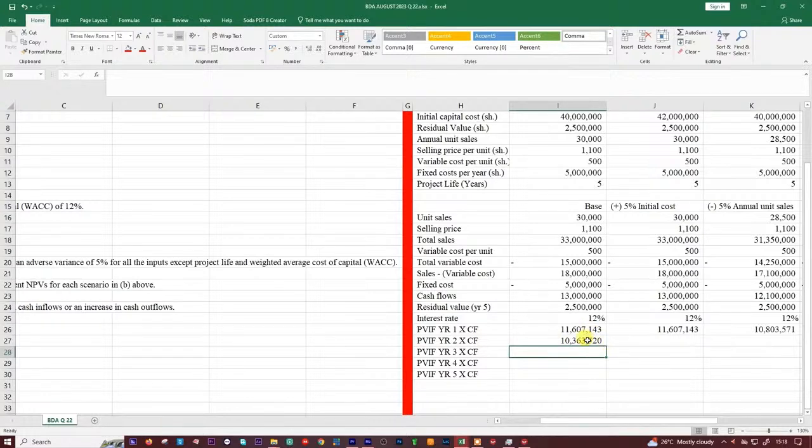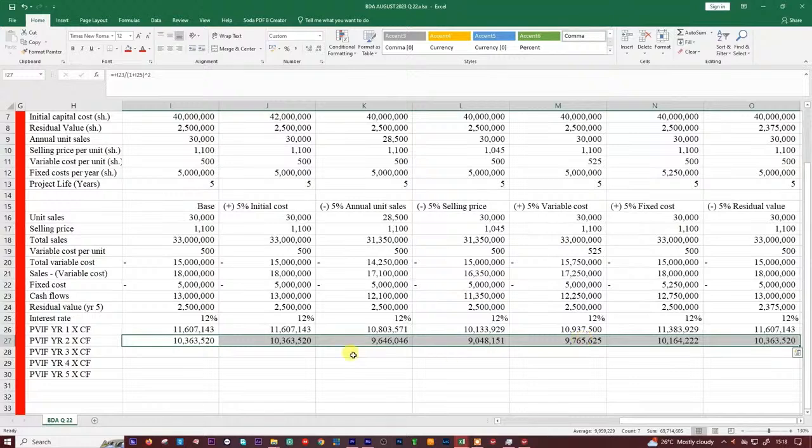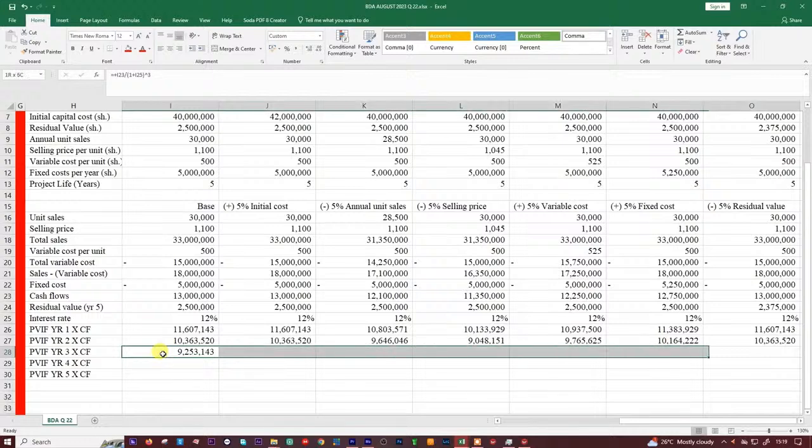Then you do the same thing. One plus R, power 3, like that.